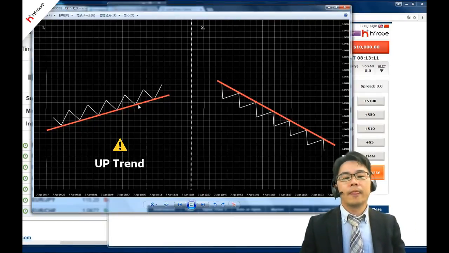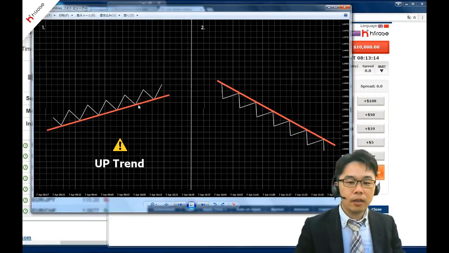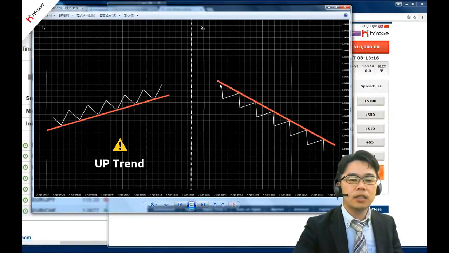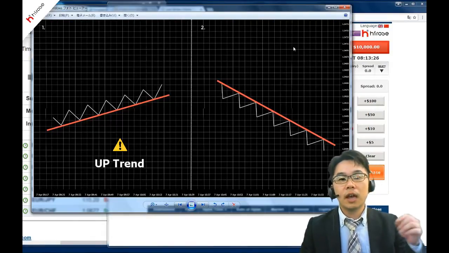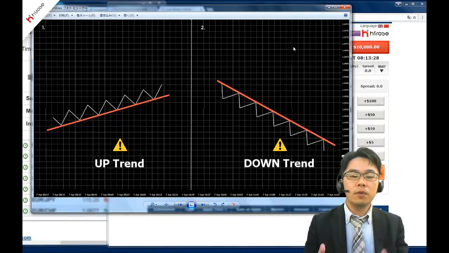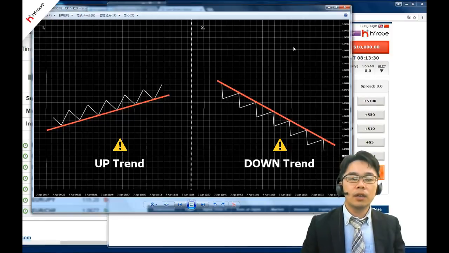On the other hand, when the market price is moving down, if you connect the tops of the market prices, you can draw a trend line going downward. So if you see a trend line going downward, then you can say that the trend is down, right?